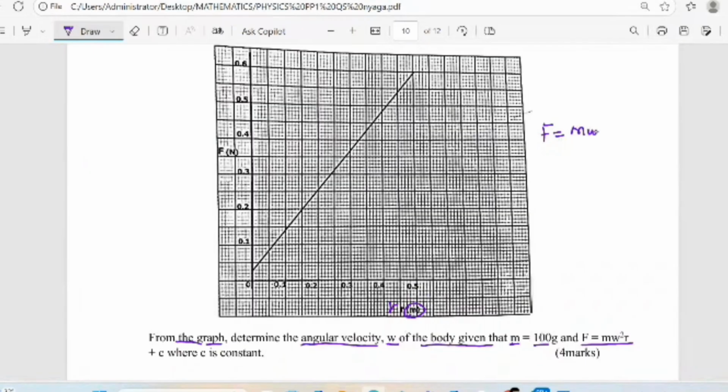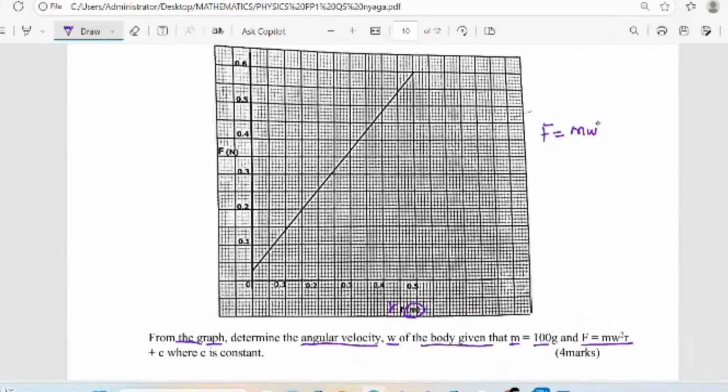So if you study very well from the graph and you relate this equation to y equals mx plus c, then our y-intercept is clearly visible from the screen. That gives us also the constant. Then our m is supposed to be the gradient, but before the gradient, let's establish the contents of the x-axis.